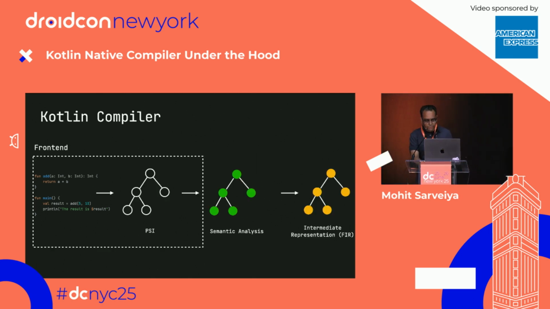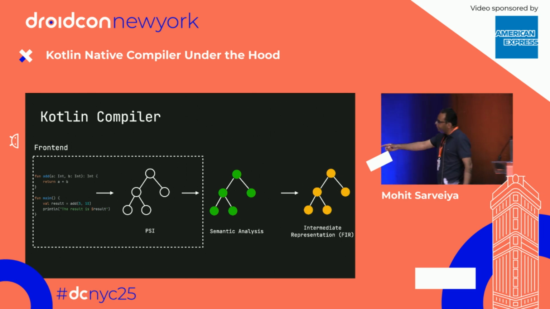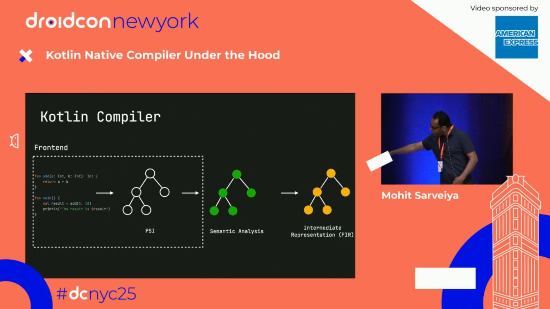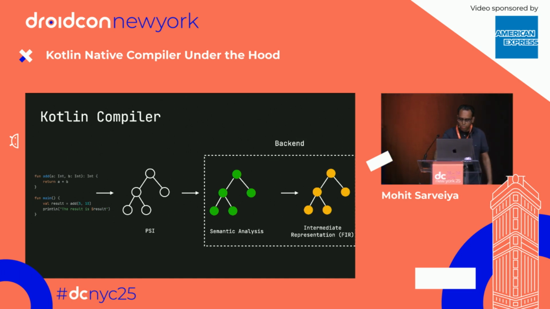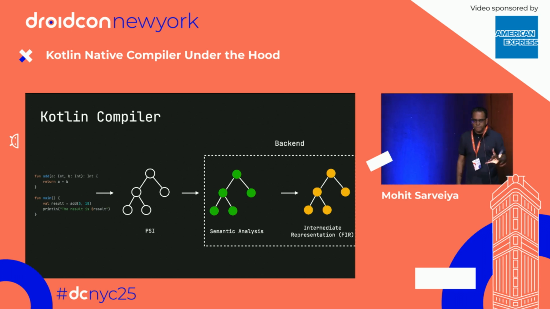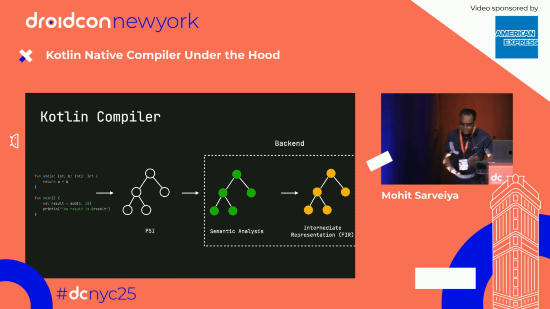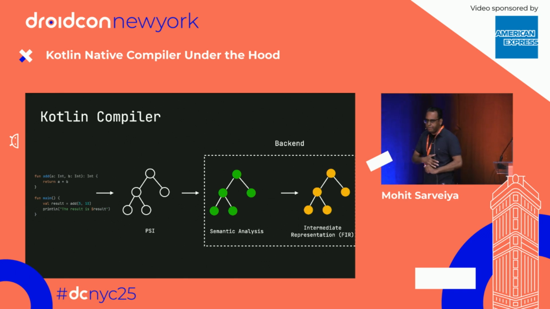So this right here is the front end of the compiler, and the back end of the compiler is right here, and K2 sits on that semantic analysis side. This is built in a way where Kotlin Native could hook into these different things. There's an API that is exposed. Kotlin Native used to be in a separate repository, and it was moved into the Kotlin repo.